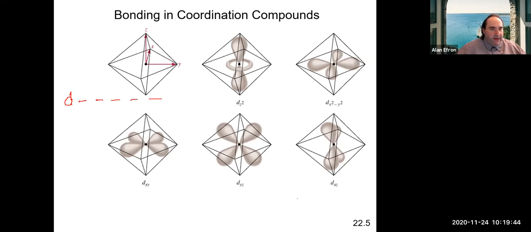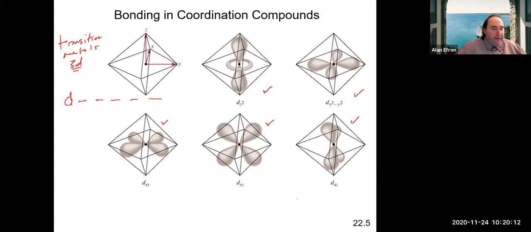As you hopefully know, only 2 electrons per orbital. Our transition metals on the periodic table start at the 3d level, as we talked about before. And these are the 5 different d orbitals and their shapes.